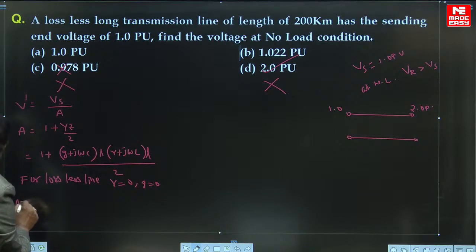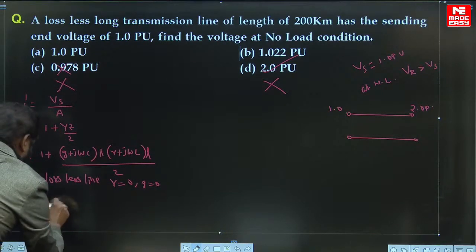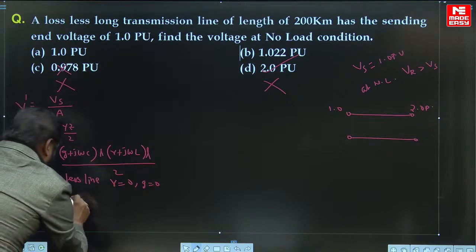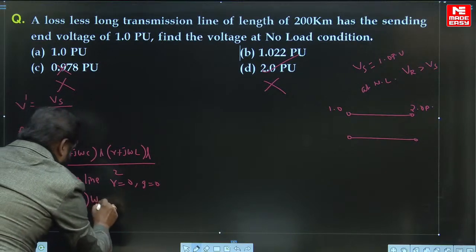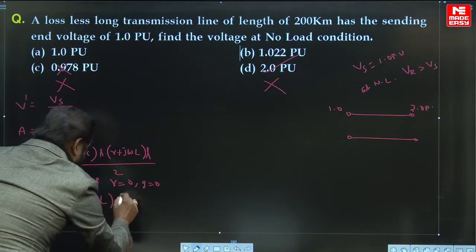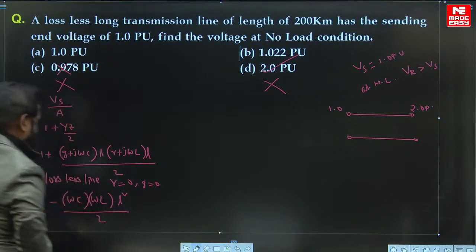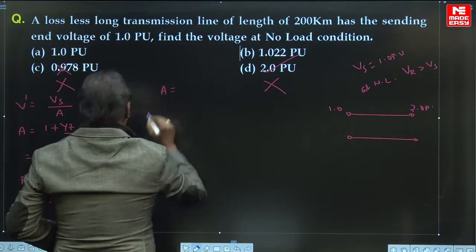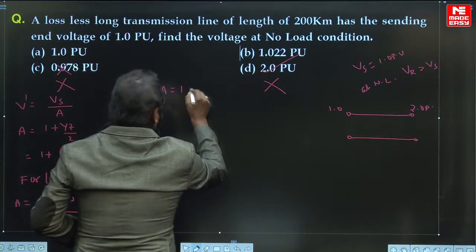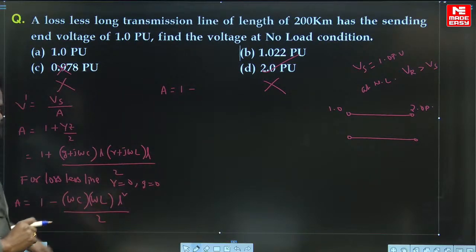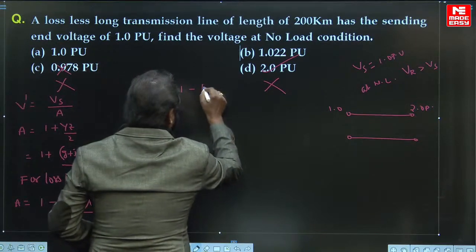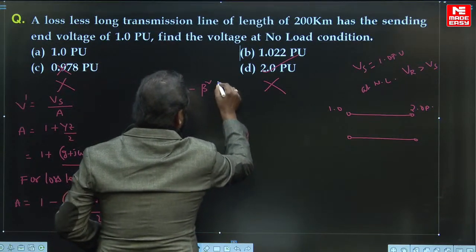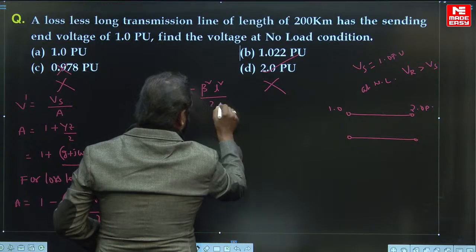Then A equals 1 minus omega C into omega L into L square by 2. So here A equals 1 minus omega C into omega L, which equals beta square into L square divided by 2.